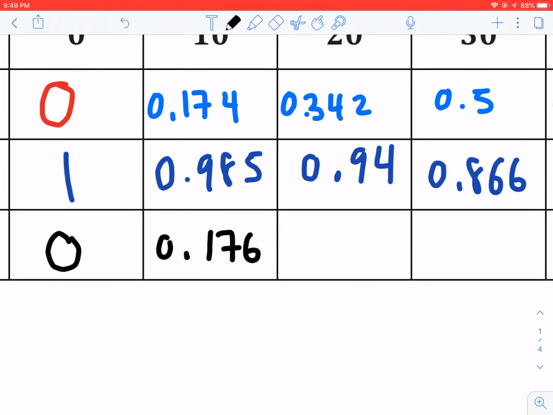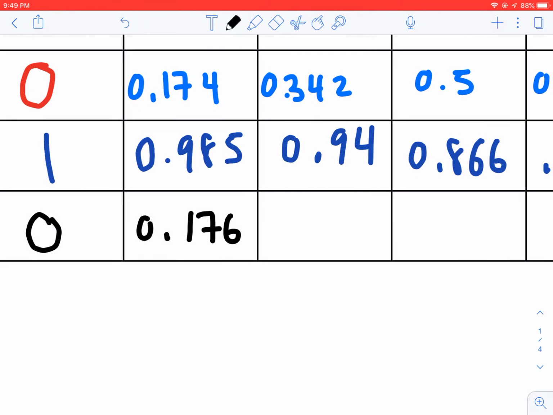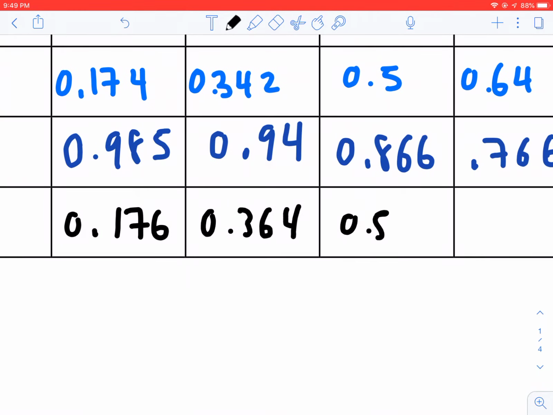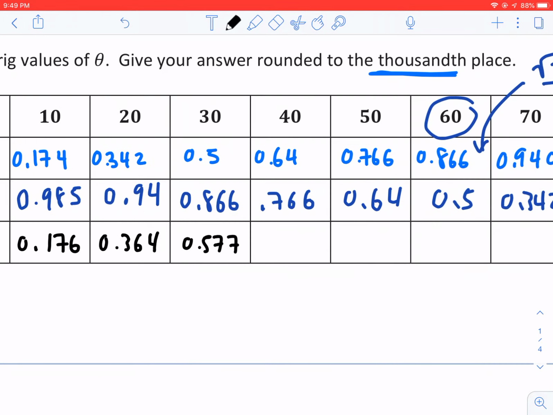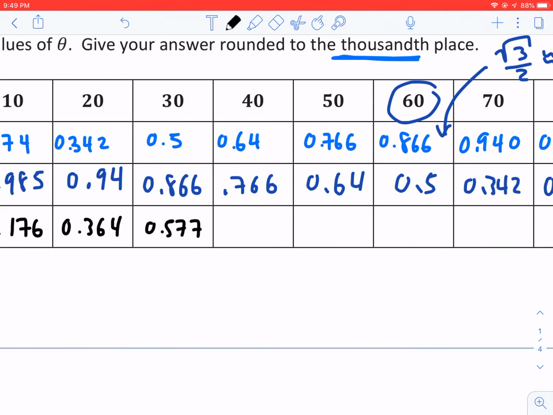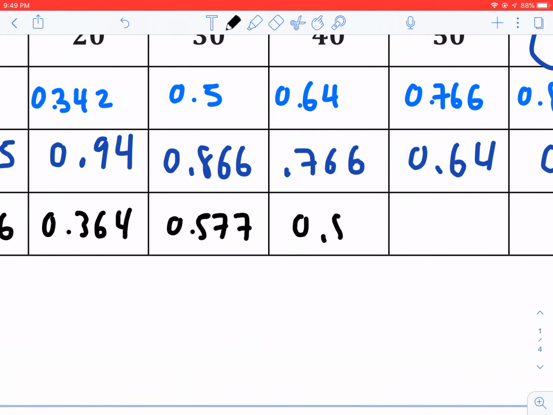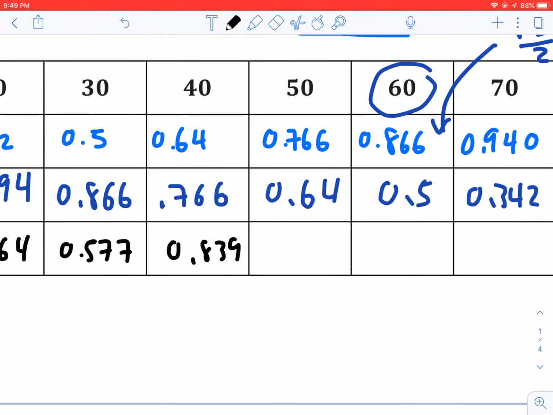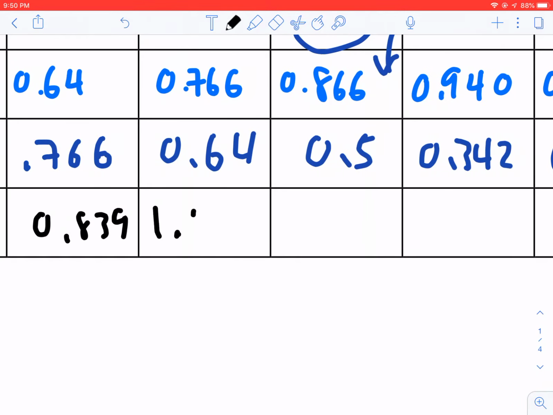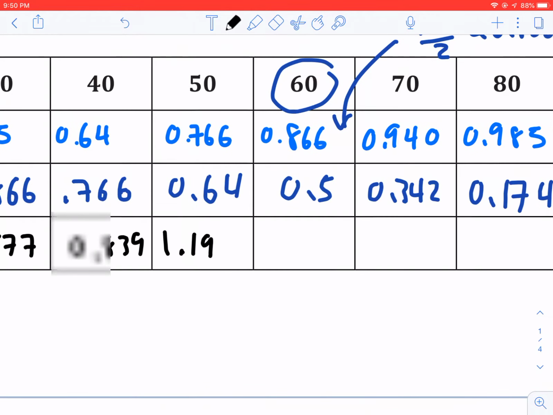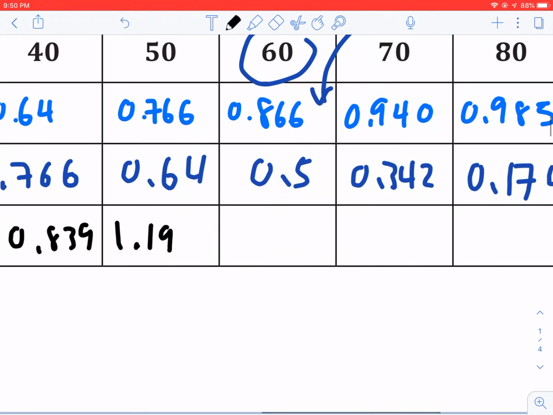Tangent of 20, 0.364. Tangent of 30 is 0.577. Tangent of 40 is 0.839. Tangent of 50, 1.19. Tangent of 60, 1.73.